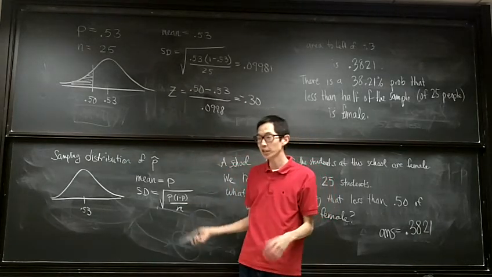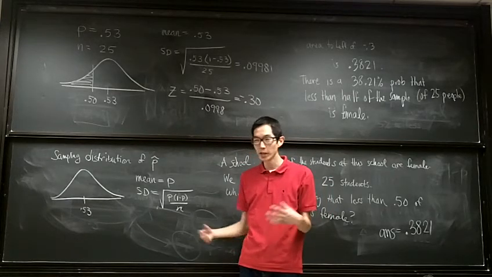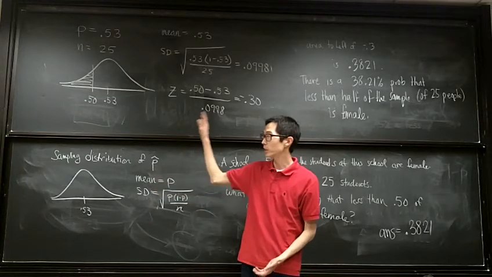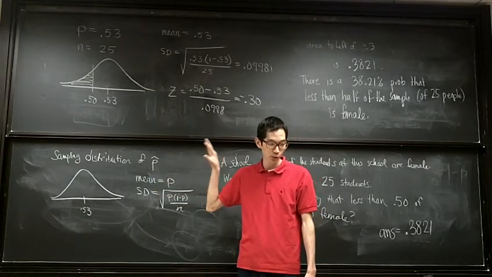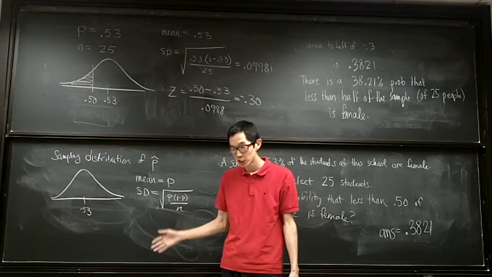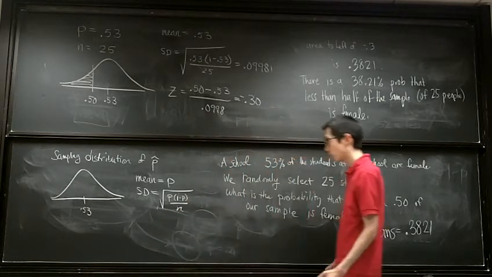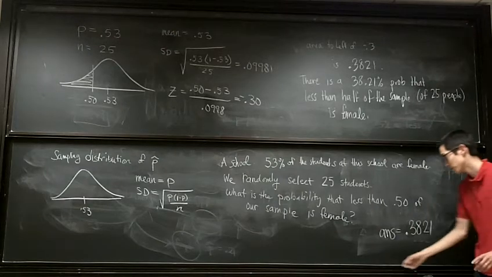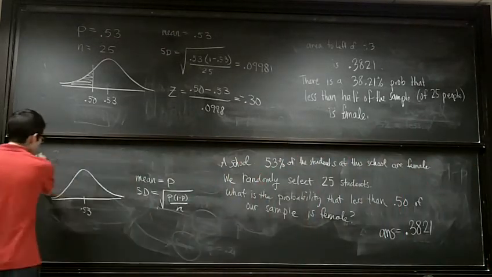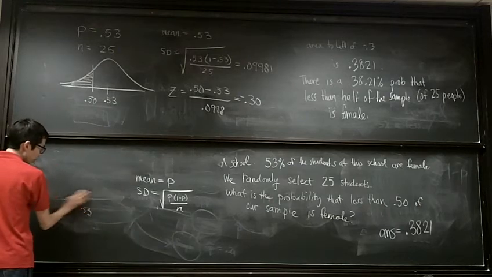Because if these conditions aren't met, then the normal model does a bad approximation. When the conditions are met, the normal model works well. But if the conditions are not met, the normal model does a bad job. And so I have to teach you these conditions so you know if it's appropriate to use the normal model or not.